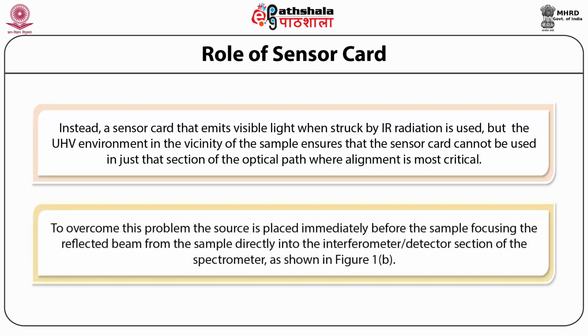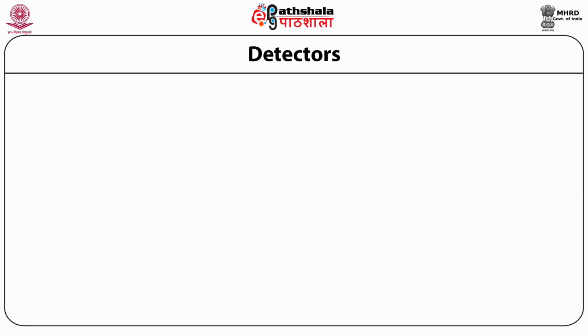To overcome this problem, the source is placed immediately before the sample, focusing the reflected beam from the sample directly into the interferometer detector. And this section of the spectrometer is responsible for the detection of rays, as shown in figure 1b earlier. At the sample portion, the beam appears to be much brighter visually.